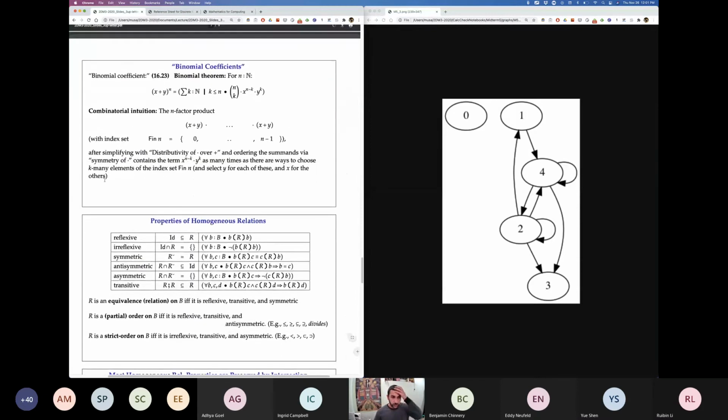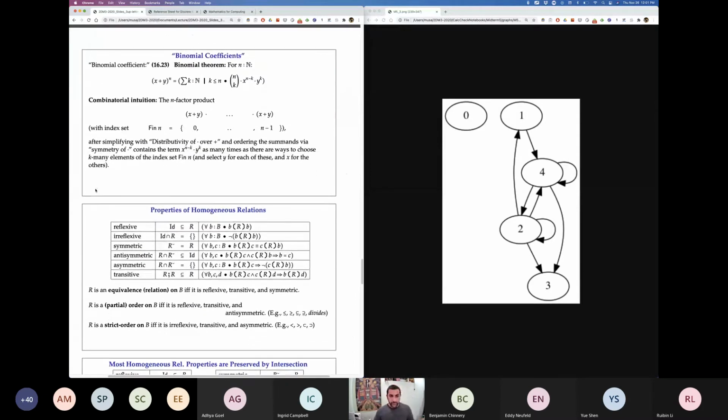All right. So I'd like to get back to relations, but these choose or choice functions, n choose k, are sometimes called binomial coefficients, right? And the reason for that is this theorem known as the binomial theorem, which essentially lets you know how to make choices between two things, x and y.